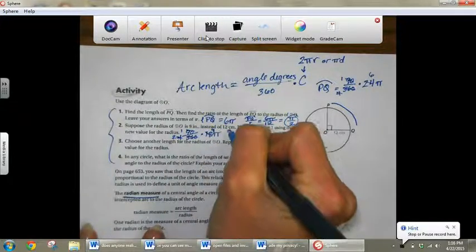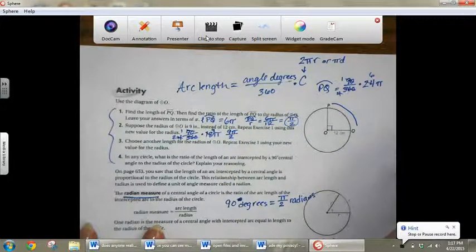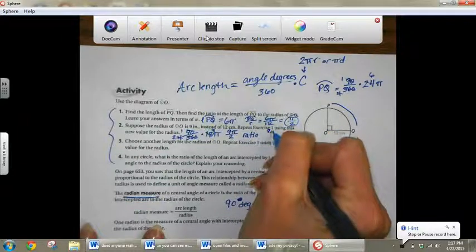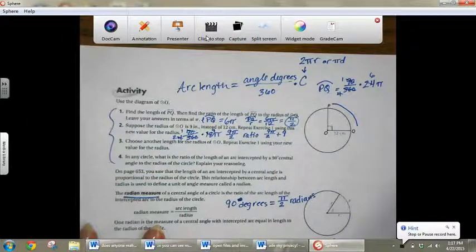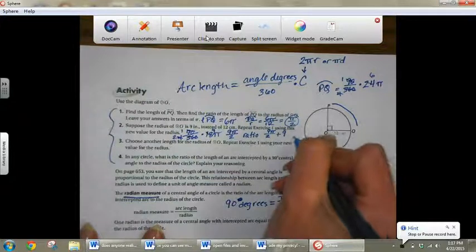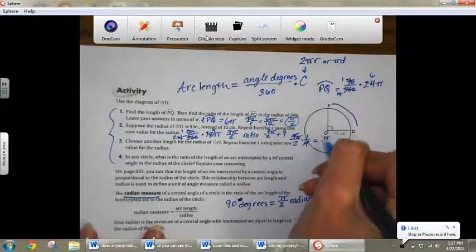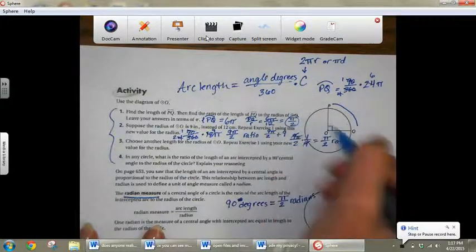So I get 9 pi over 2 as my arc length, and then to get the ratio, I'm going to do 9 pi over 2 divided by 9. If you remember, when you divide, it's the same thing as multiplying by the reciprocal. So I could have 9 pi over 2 times 1/9, where these will cancel, and I just get pi over 2 for the ratio, which is the same ratio I got up there.